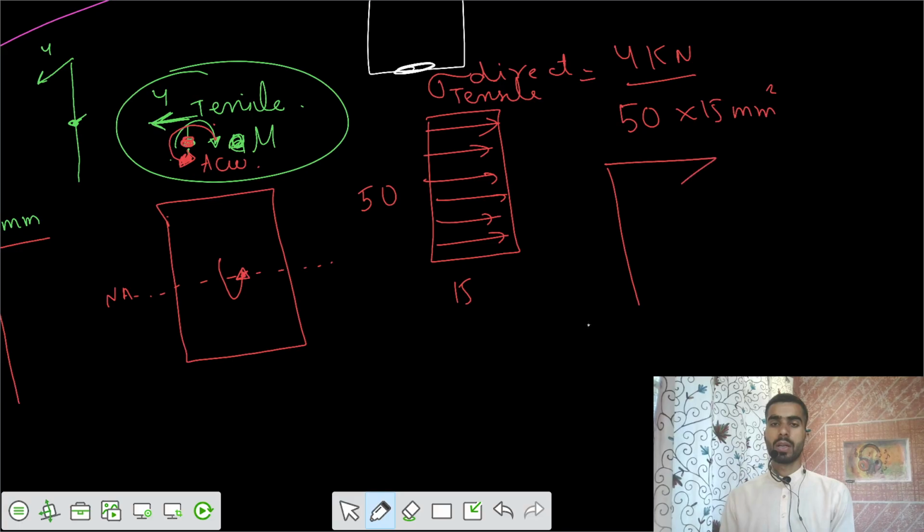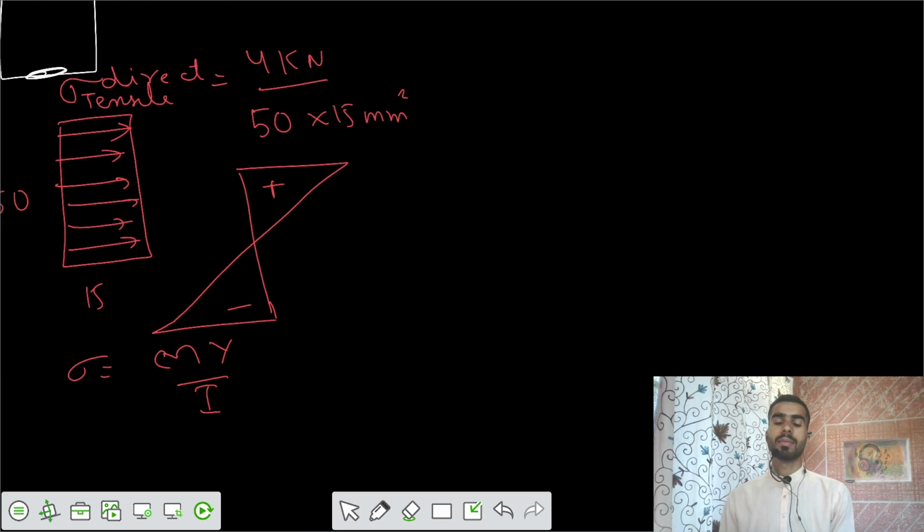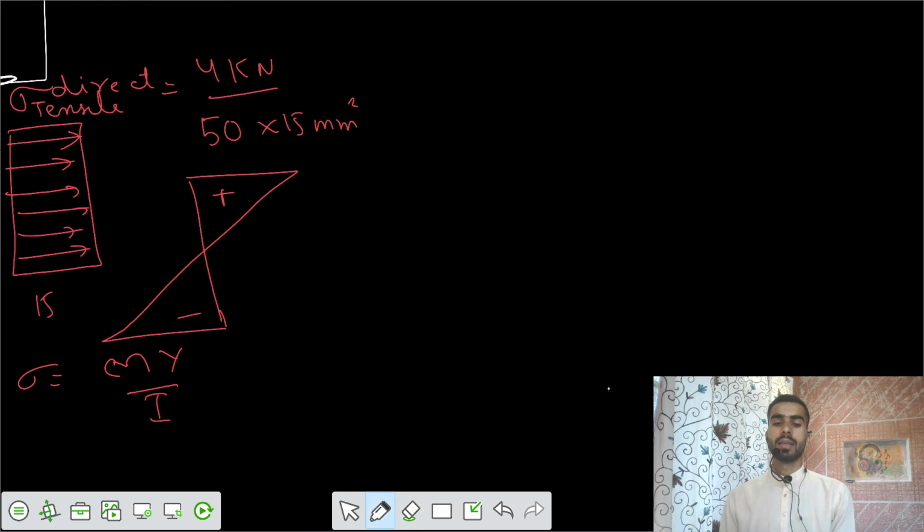So this is our next stress diagram. The top is tensile, positive, and the bottom compressive. We know the stress value: stress equals My by I. Because the section is symmetric, y is the same on both sides, y max.